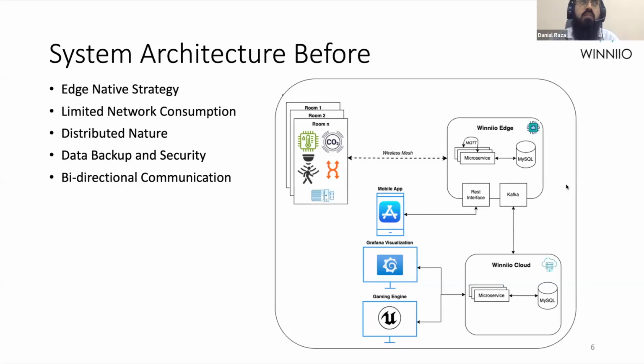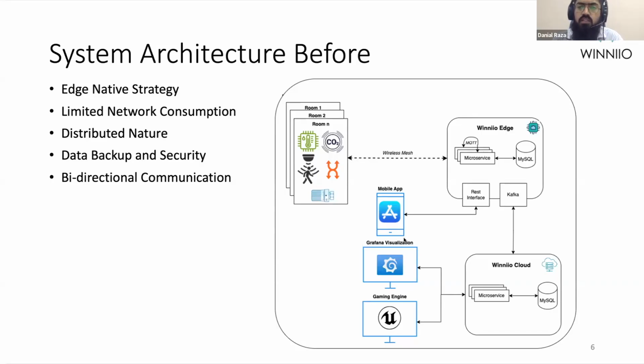That means we don't just want the data to be sent here, collected here, and then shown on these different interfaces. We also want data to flow from these interfaces back to the sensors, or mainly back to the actuators. This bi-directional communication poses a challenge: if it's only on the edge, how would the mobile app work? It has to be through some common interface. I cannot have different mobile applications for different locations.